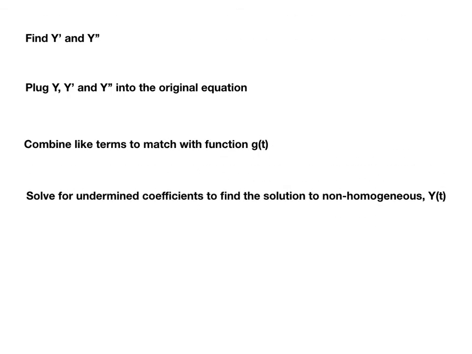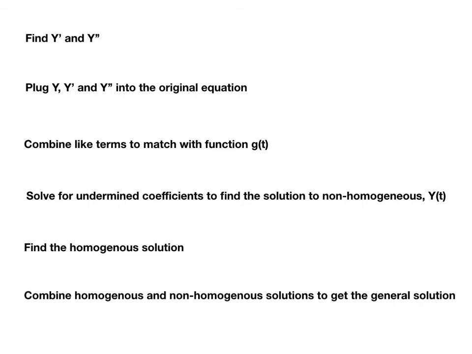And then you can solve for all the unknown coefficients to find the solution to the non-homogeneous part, big Y of t. Once you have big Y of t, you can find the homogeneous solutions, and then you can combine homogeneous solutions and the non-homogeneous solutions to get the general solution to the differential equation. Alright, let's take a look at an example.